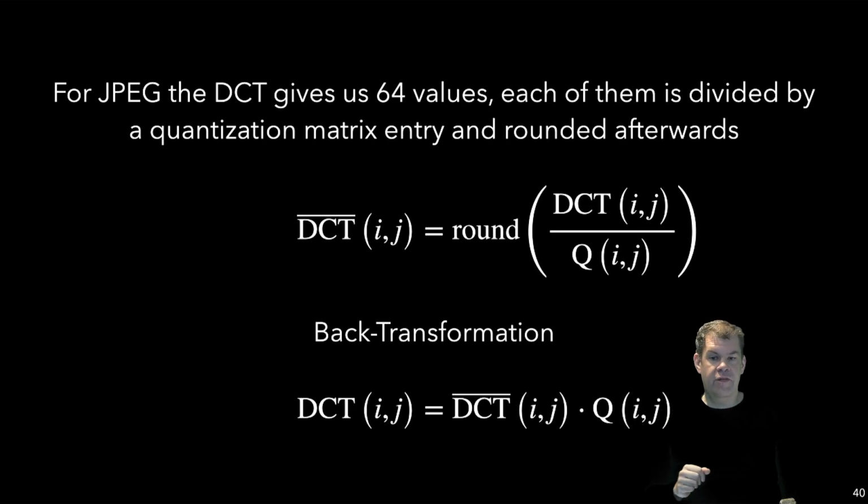So what we can do after that is we can take our reduced DCT and multiply it by Q. And if all the Q's would be 1, this would be lossless. I mean, which shows you what Q you need to choose if you want to run JPEG in lossless mode. But say if Q is 2, or if an entry in Q is 2, then this process here would basically kill every odd number.